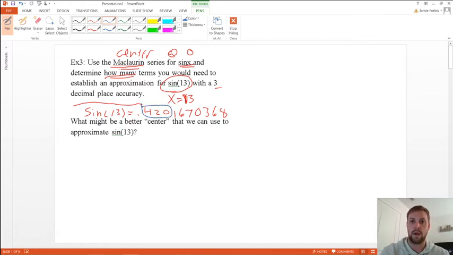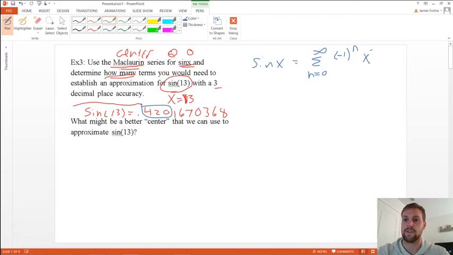Remember what it is for sine of x. Sine of x is equal to the summation n equals 0 to infinity of -1 to the n times x to the 2n plus 1 over 2n plus 1 factorial. I'm trying to figure out how many terms.